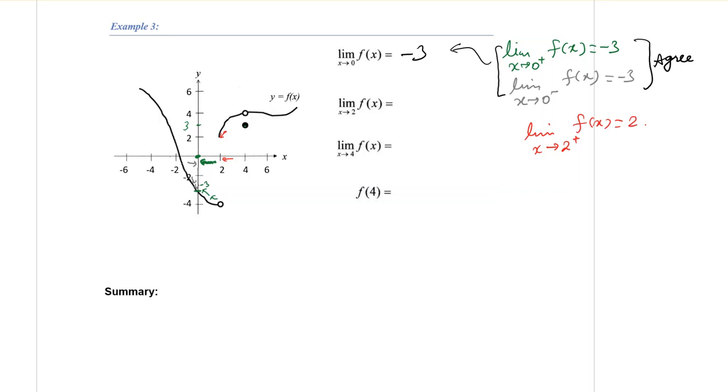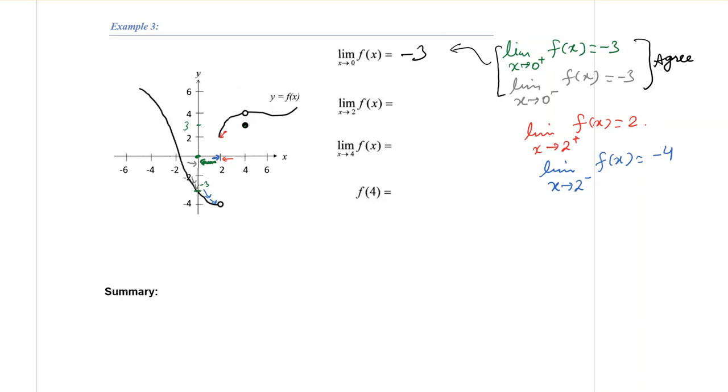Similarly, we can take a look at the limit as x approaches 2 from the negative side and see what happens to the y value. If we approach 2 from the negative side, we can see that the y value of the function is approaching -4.